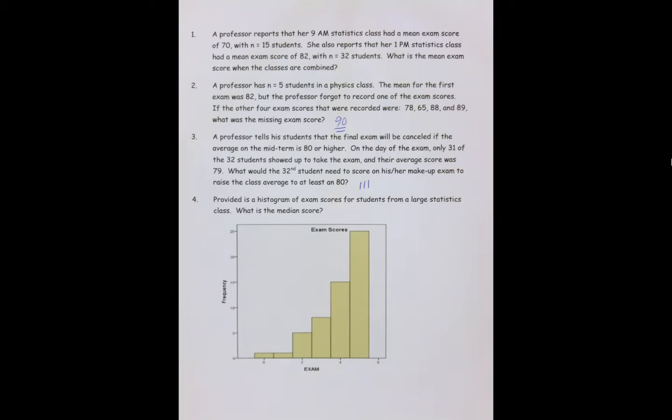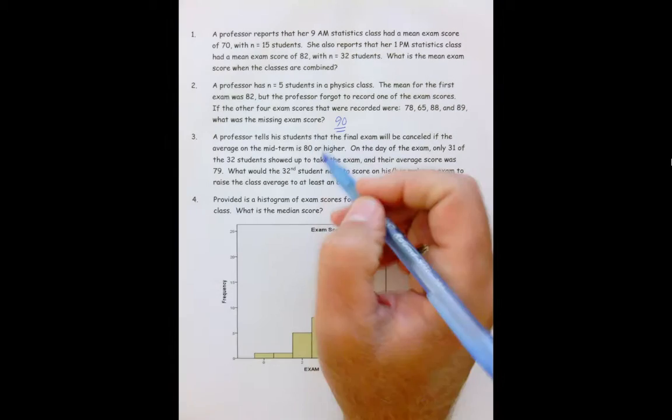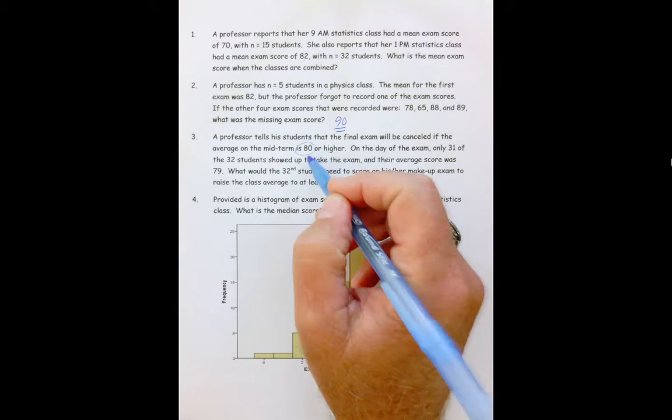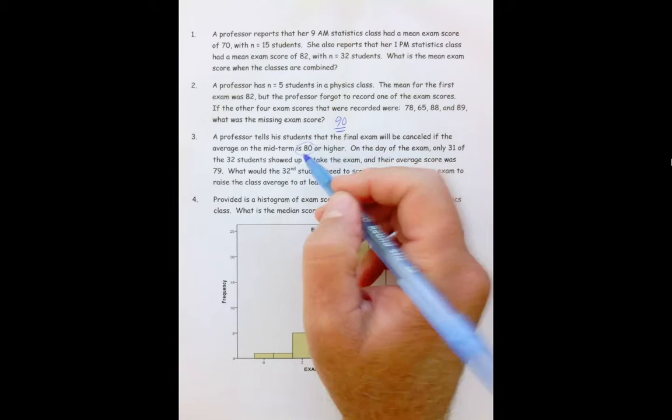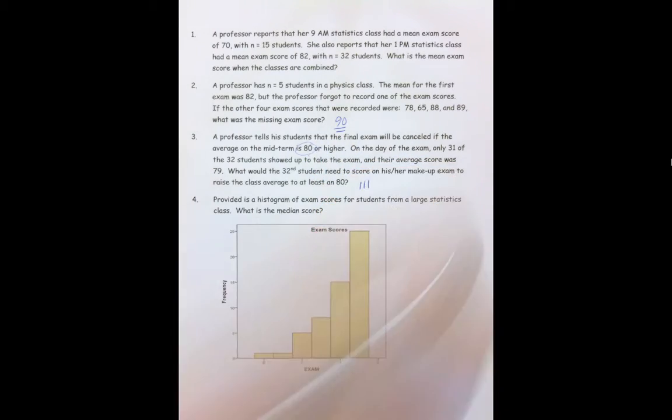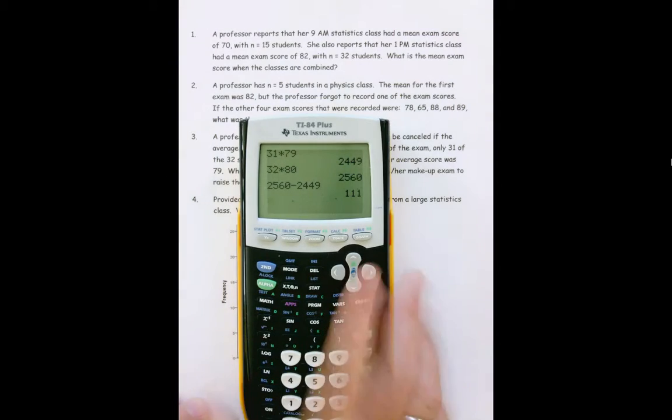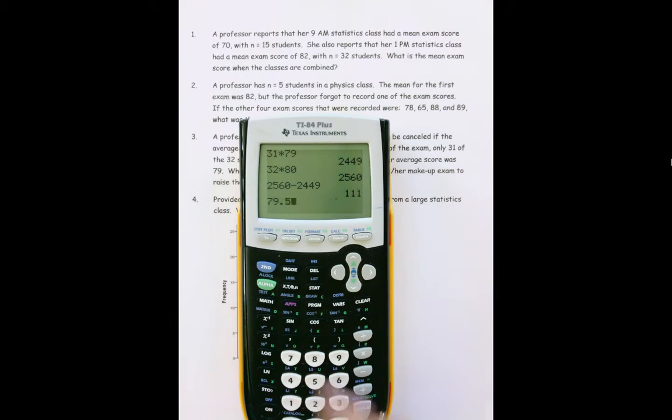You got to wonder if it's 79.5, which rounds up to an 80, if the professor would do that. Let's see if that changes anything. Let's go 79.5 times the 32. So 2544 is what they would need.